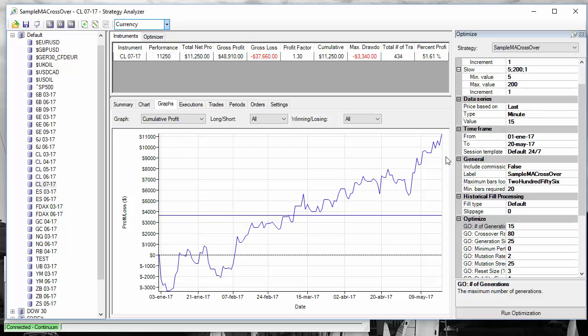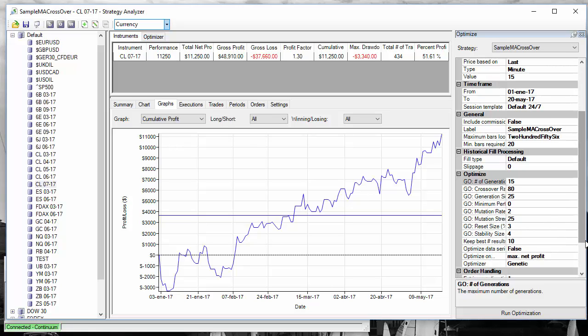But what if we use these settings into the next interval of time? So we can split all this interval in small pieces and optimize and backtest with the future data. This is a walk forward.